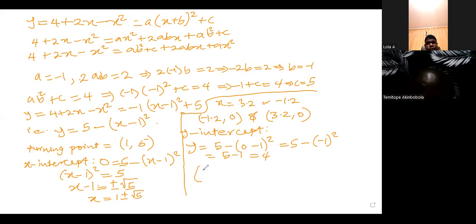Therefore, the coordinate of the y-intercept is (0, 4). Write that quickly. So the points that we now need to put up the sketch are these points, this point, this point, and the turning point.